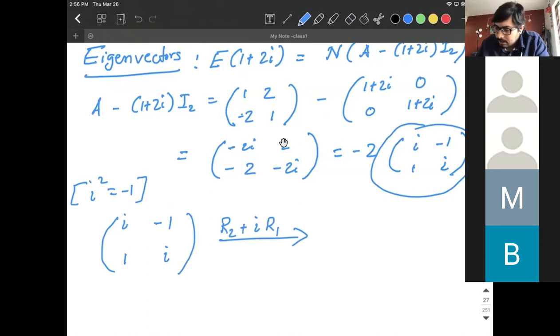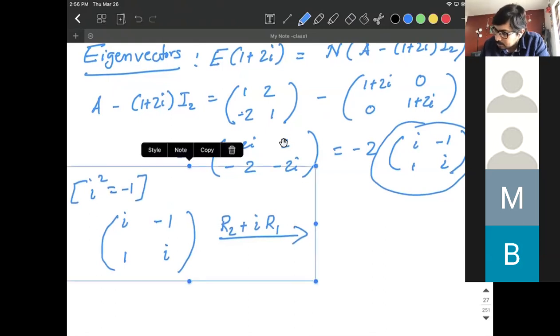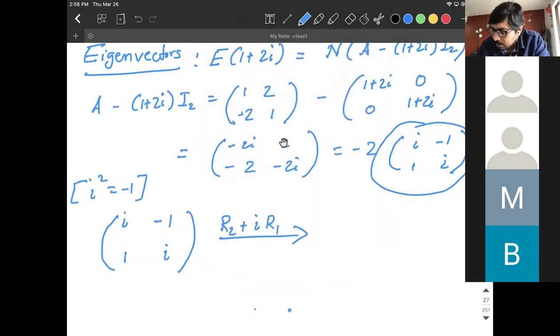So what is i times R1? i squared is minus 1, and minus 1 times i is minus i.